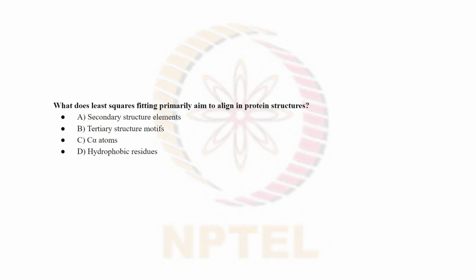We have discussed that least square fitting aligns structures by finding the best possible match for their... So what does it try to reduce in the overlap?